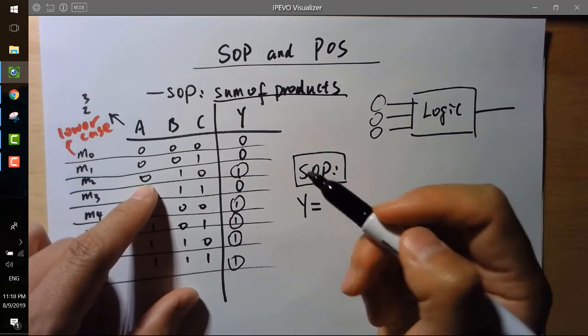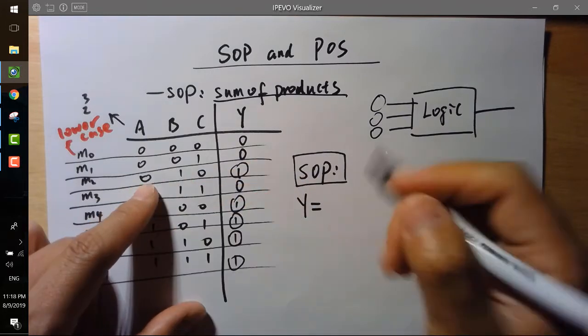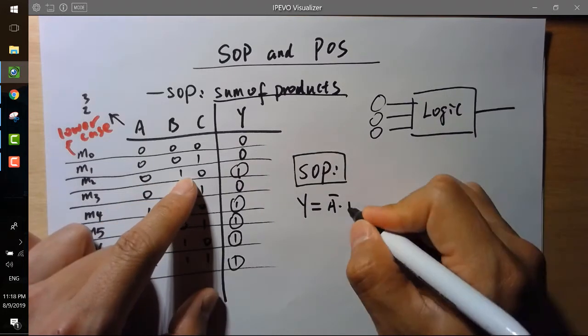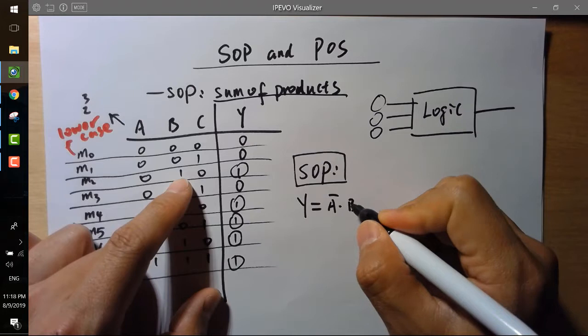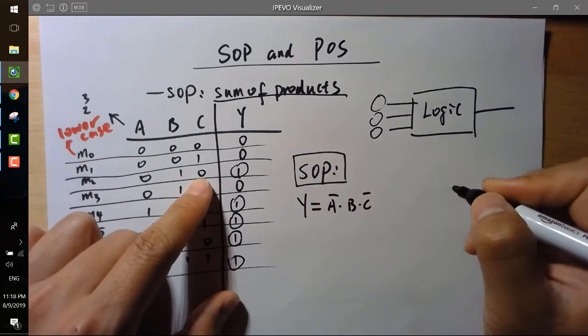So that's the first one in the result. When you see a 0 here for A, you put an A bar here. And for B, if you have a 1 here, you just put a B. If you have a 0 for C, you put a C bar.